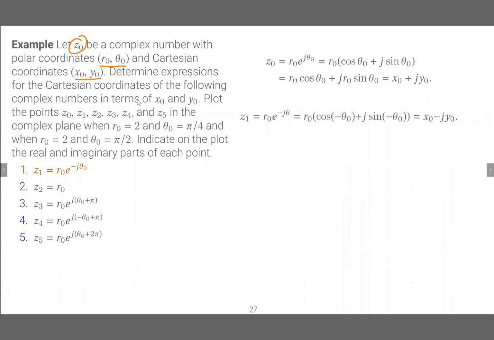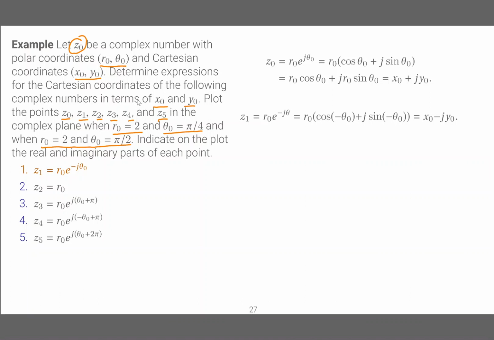We need to determine expressions for the Cartesian coordinates of the following complex numbers in terms of x naught and y naught, and we need to plot them: z0, z1, z2, z3, z4 and z5 in the complex plane when r naught is equal to 2 and theta naught is equal to pi by 4. That's the first case, and as a second case r naught equals 2 and theta naught is equal to pi by 2.